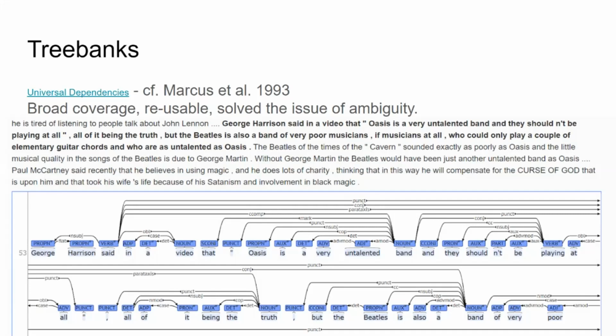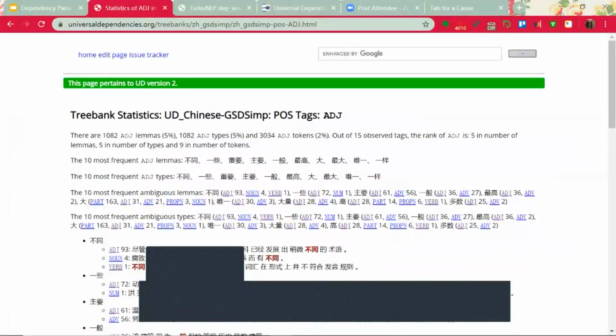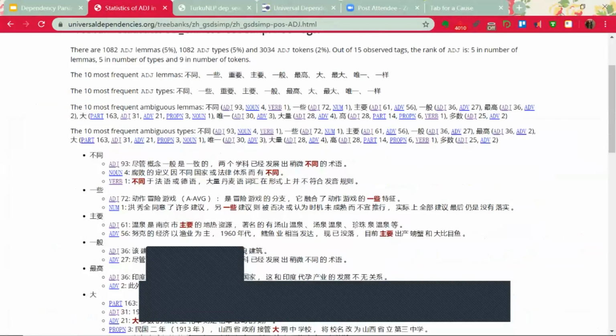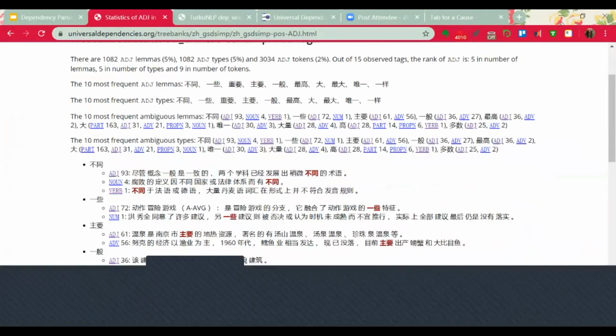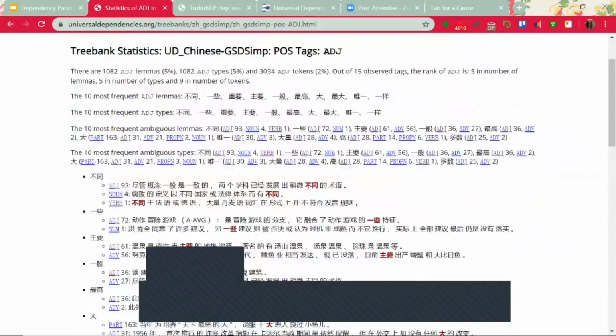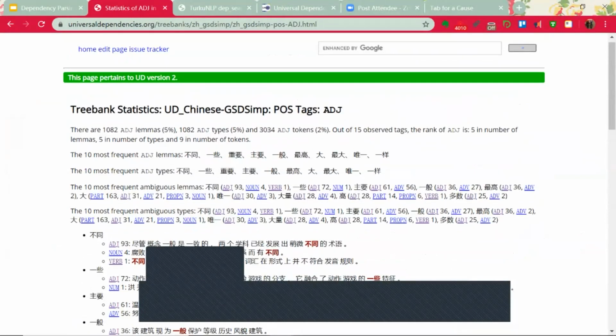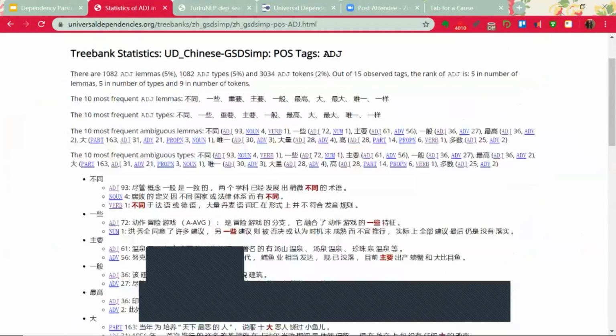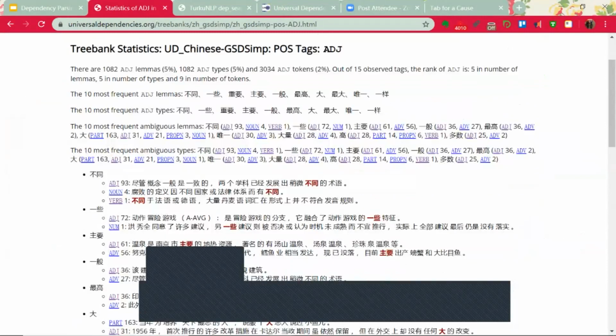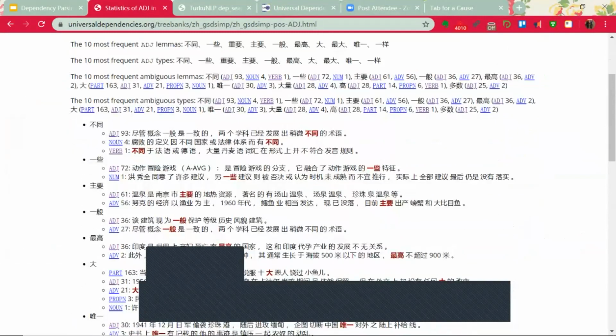I also wanted to show you a little bit of the Chinese portion of the Treebank. Can you still see my screen? This is the Chinese portion of the Treebank, and you can see that they are breaking down a lot of sentences and adding POS tags to different words in a sentence.